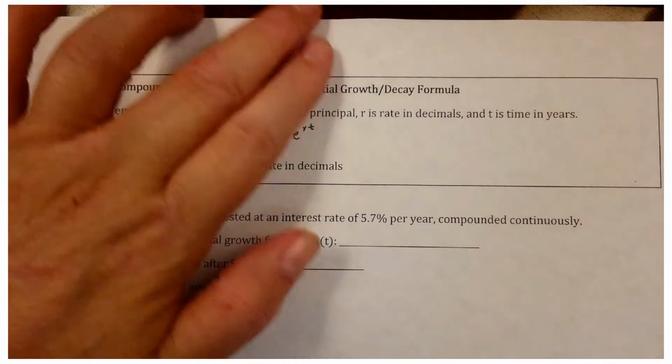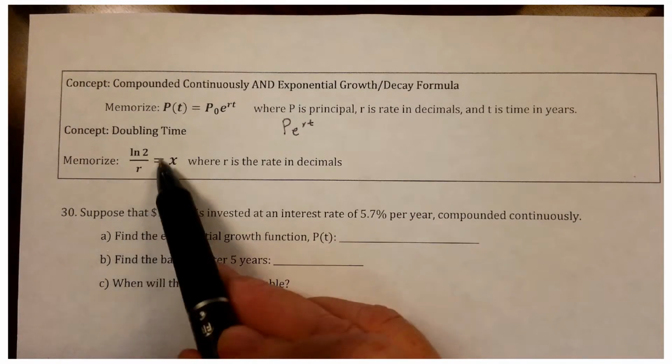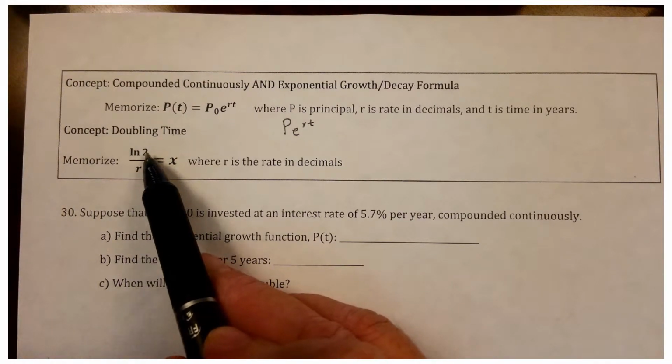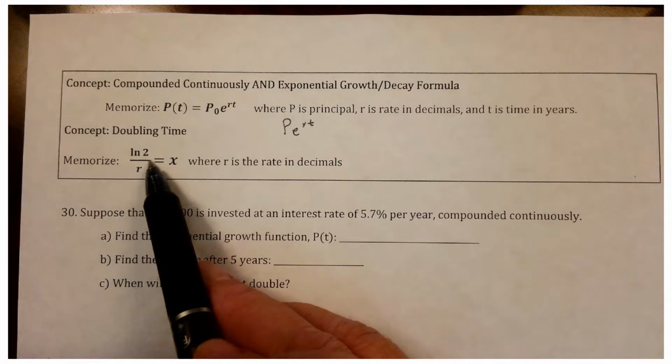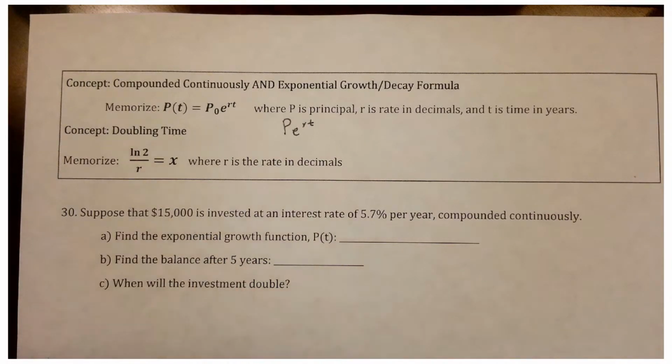And it is directly related to the rate. Notice that in this formula for doubling time, you just have the natural log of 2, so that's your double amount, divided by your rate in decimals. That's it. So the amount of money you invest doesn't matter, only the interest rate.